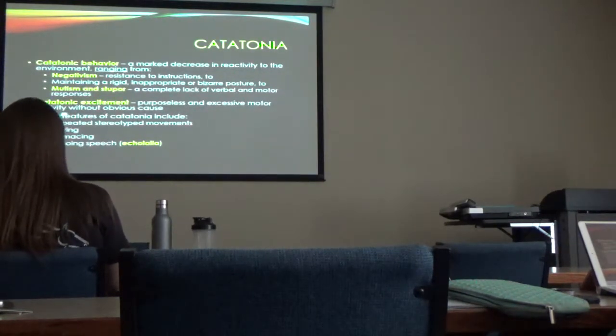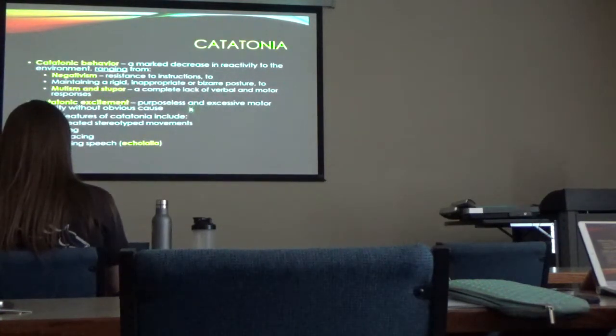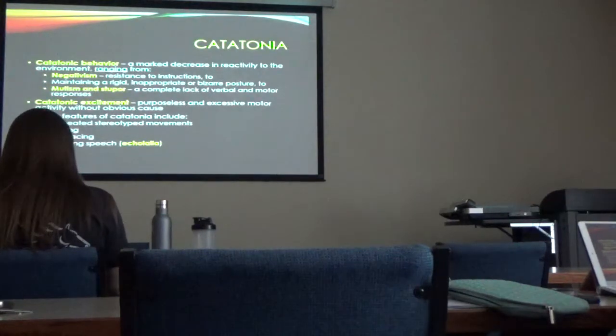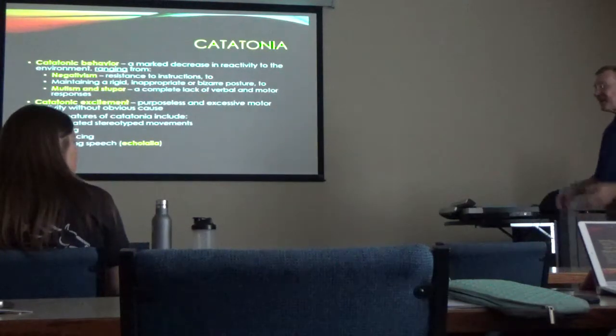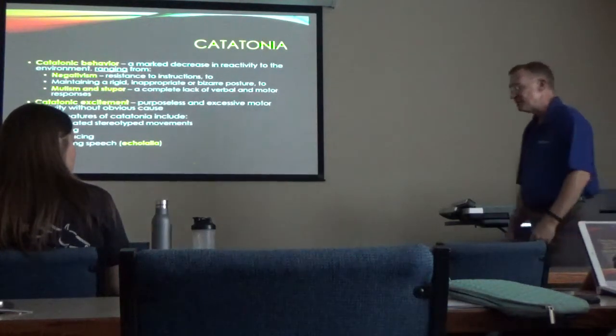But now here's catatonic excitement. It almost doesn't fit what you think catatonia should be associated with. This is that purposeless excessive motor activity without obvious cause we talked about before. You know what it looks like? When you see it, you'll know it. It's kind of like this. This is like a schizophrenic, and they'll kind of go on.